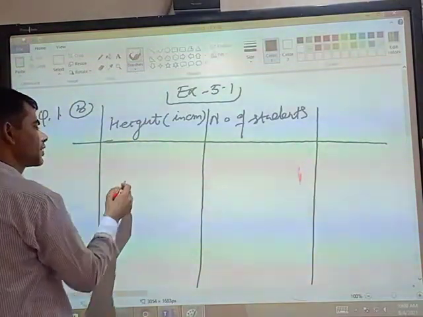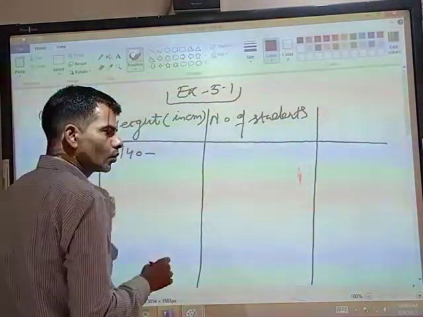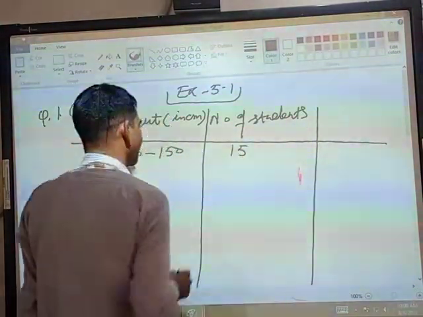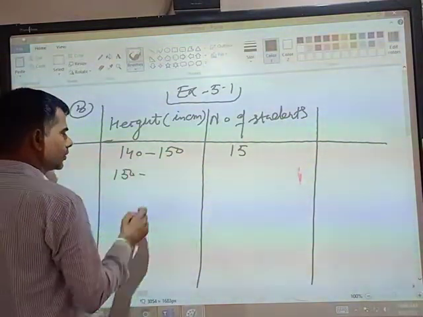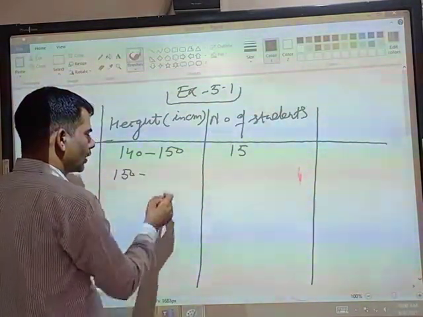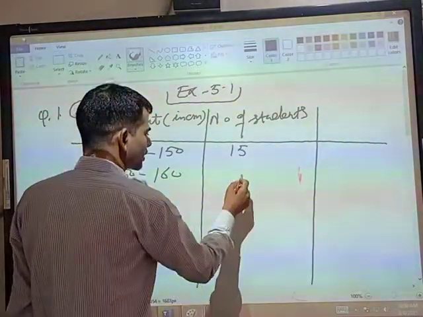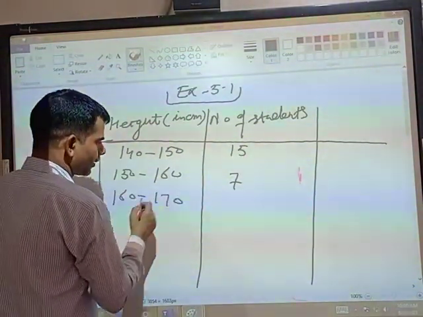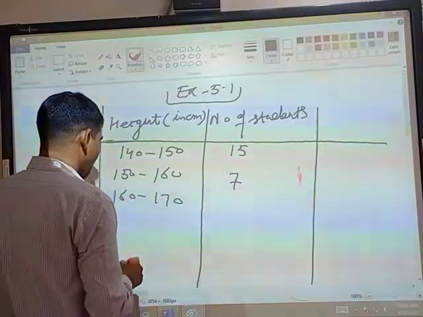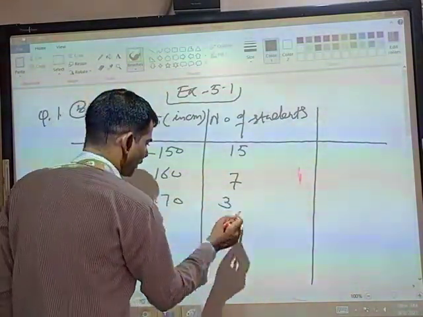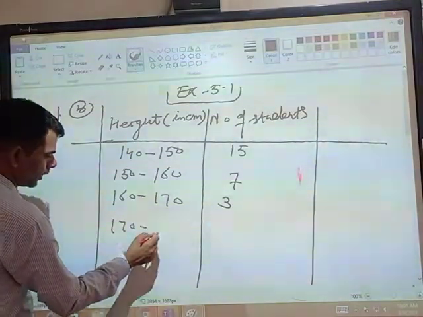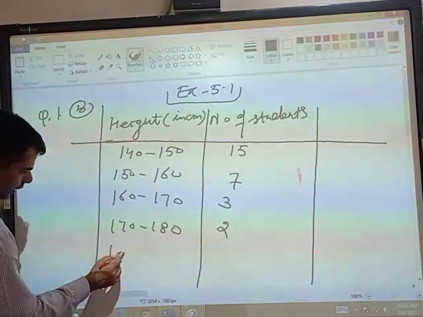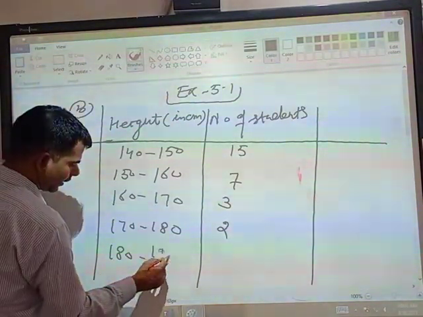Suppose height is 140 to 150, the number of students is 15. Height 150 to 160, the number of students is 7. Height 160 to 170, the number of students is 3. Height 170 to 180, the number of students is 2. Height 180 to 190, only one student.